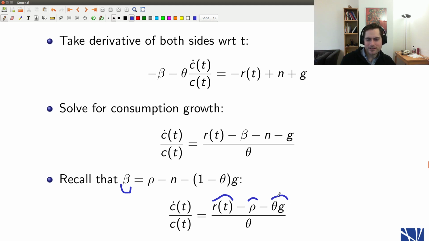If technology is growing faster, say, than per worker, then we're going to actually have a slower growth of consumption. That makes sense because recall that this is consumption per unit of human capital, not per worker. So all else equal, if technology is growing faster, then consumption per unit of human capital is going to grow slower. Right, so that's the intuition here.